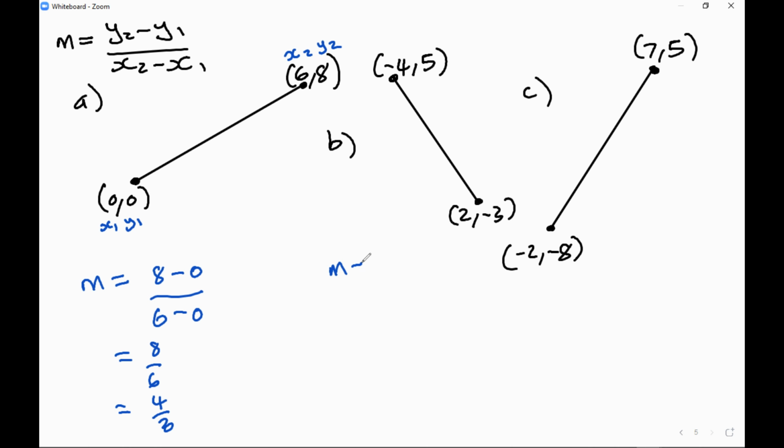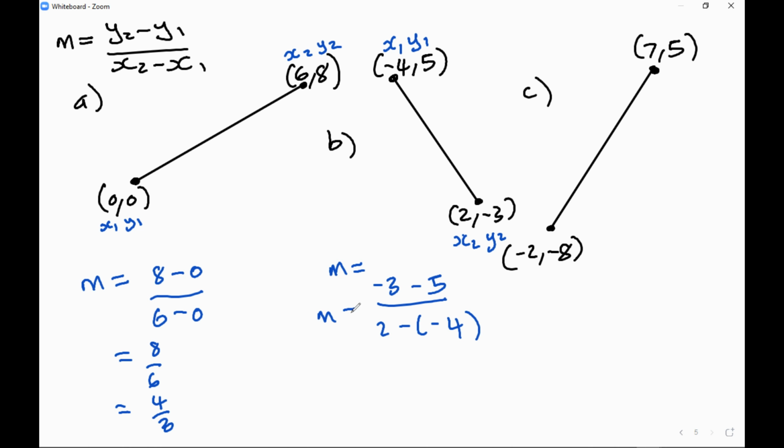The next one, I've got x1, y1, x2, y2, and I've got negative 3 minus 5 over y2 minus y1 over x2 minus x1, which is 2 minus negative 4.